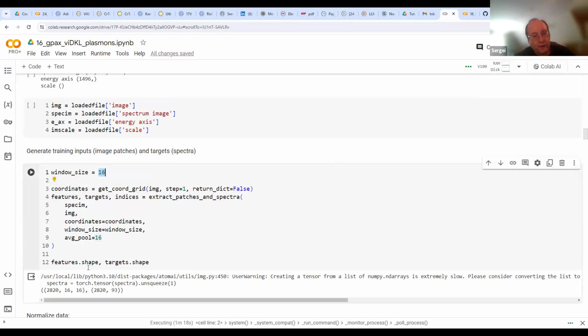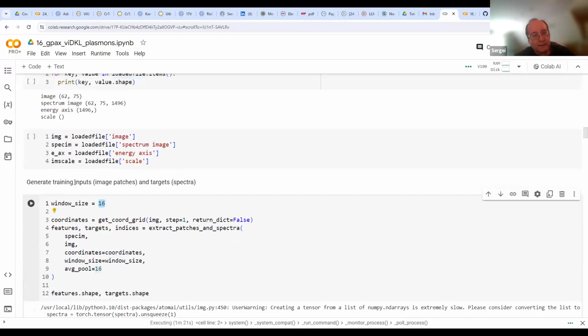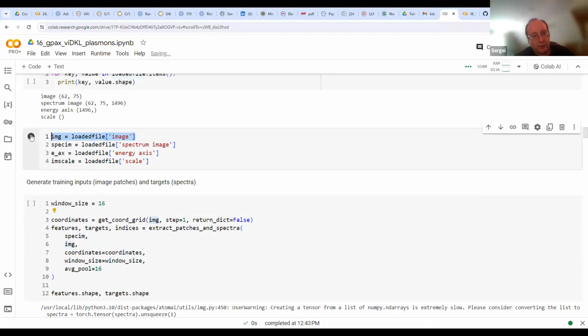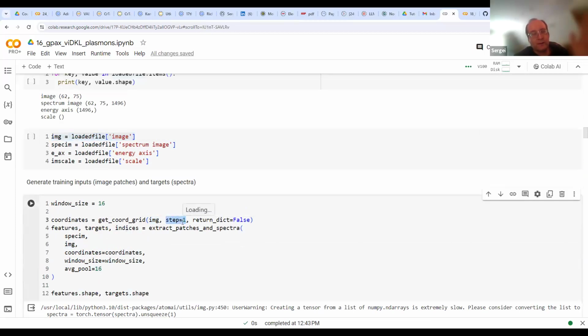What these functions do is take the image, and with step one, so every pixel, create a grid of points which correspond to the centers of the patches. The get coordinate grid function creates the grid of points from which we are going to take patches and spectra.